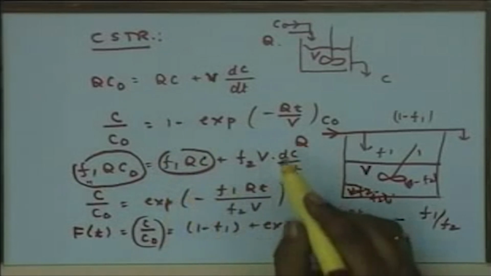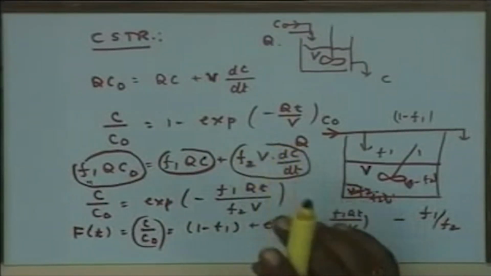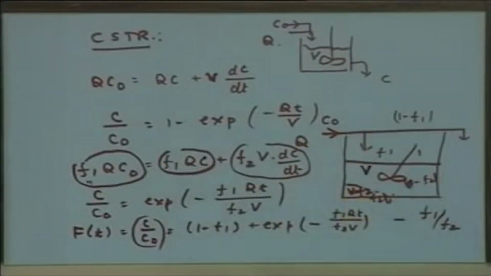So, this is the actual input to the reactor, and this is the exit stream, F1Q into C, plus the part undergoing change of concentration. By comparing the two profiles, you can see what order of deviation the dead zone and the mixed stream in the reactor have caused in performance.